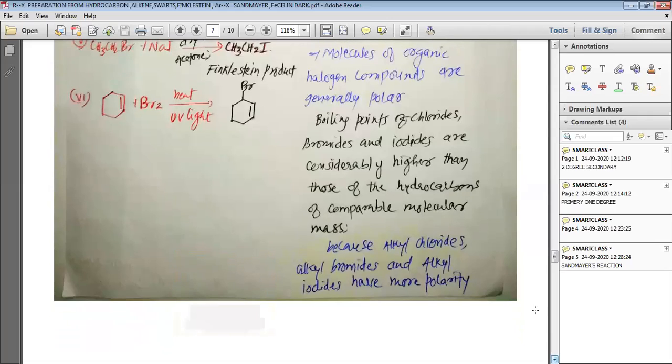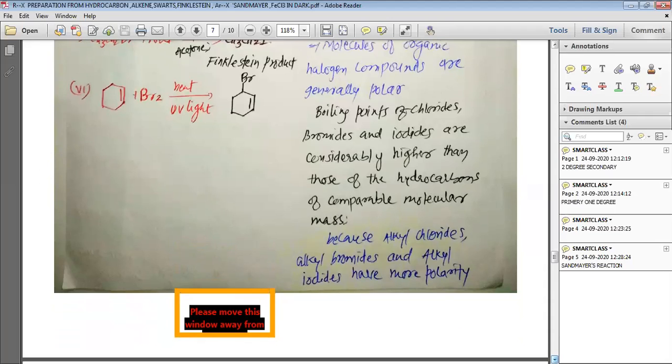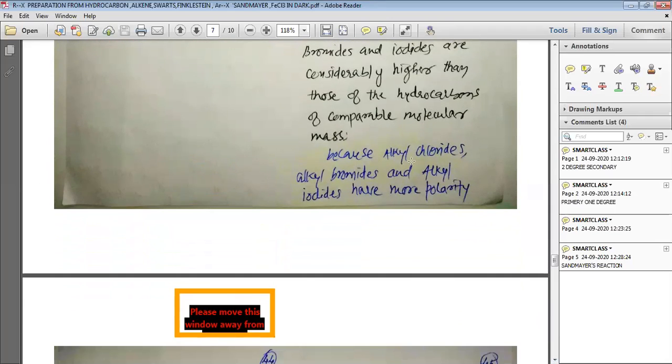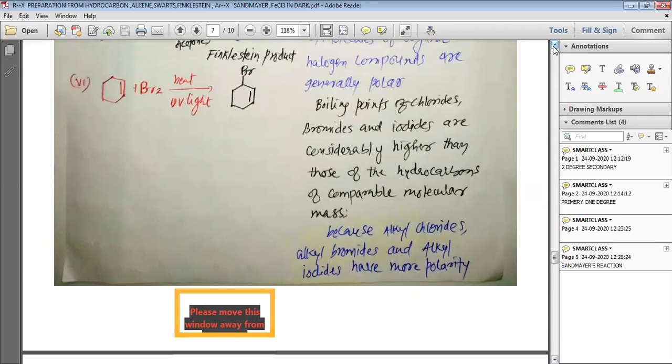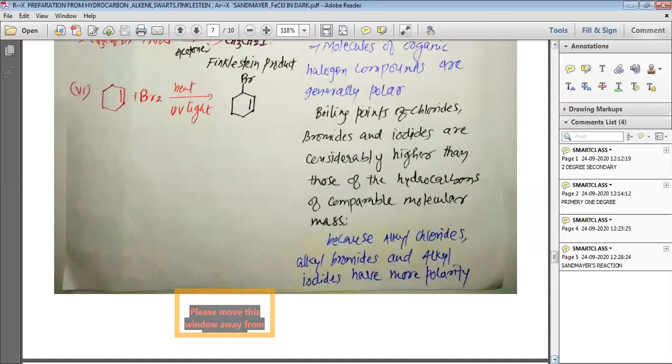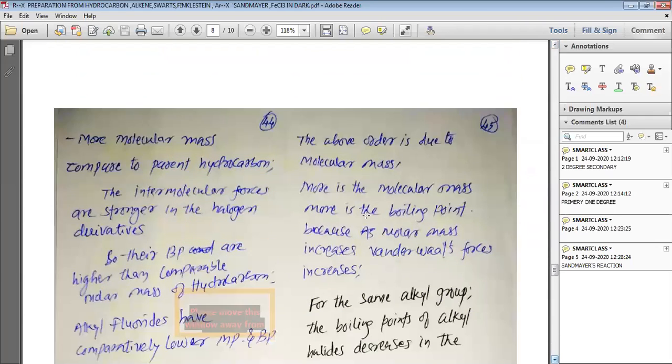Boiling points of chlorides, bromides and iodides are considerably higher than those of hydrocarbons of comparable molecular masses, because alkyl chlorides, alkyl bromides and alkyl iodides have more polarity and more molecular mass compared to the parent hydrocarbon.